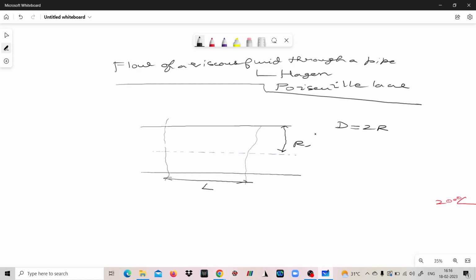Say this is our section 1 and this is our section 2. The distance between section 1 and section 2 is L, and let us consider a small fluid element in the shape of a cylinder, exactly at the center.